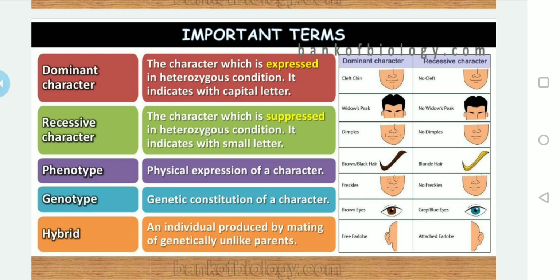Then the widow's peak is generally considered a dominant character. Now no widow's peak is considered a recessive character. Dimples is also a dominant character. A recessive is no dimples, or absence of dimples. Then brown or black hair is dominant, whereas the recessive character is blond hair.